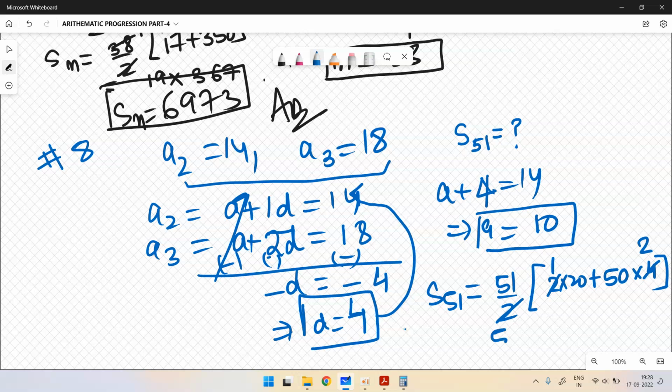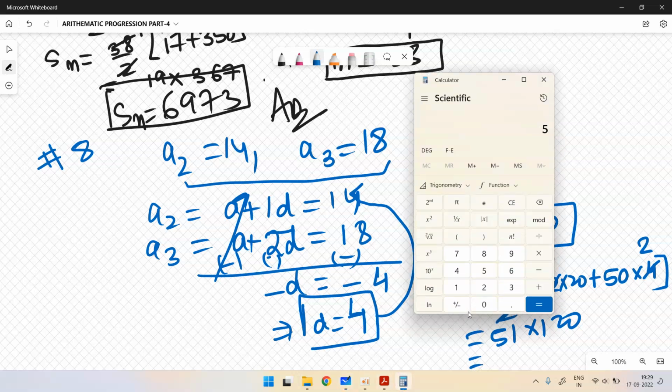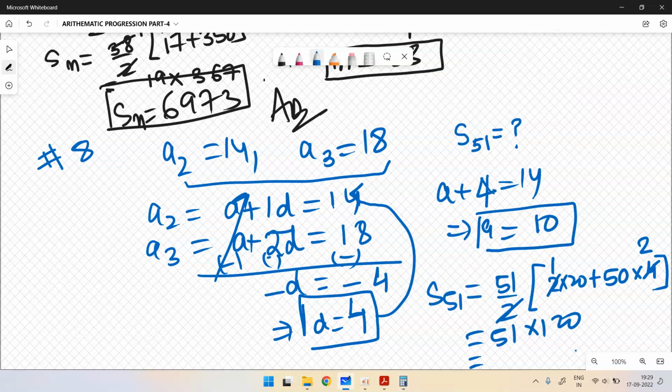So 51 into 120, and if you calculate this, it is 6120. This is your answer.